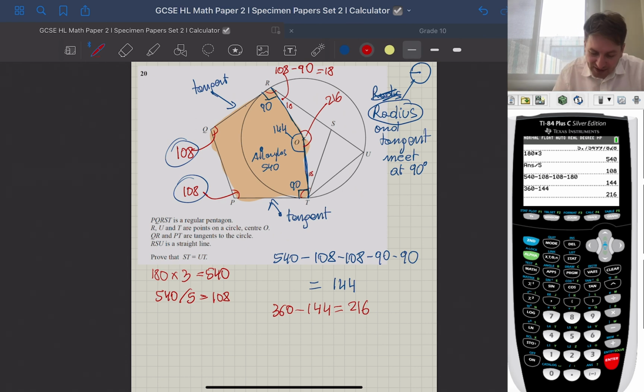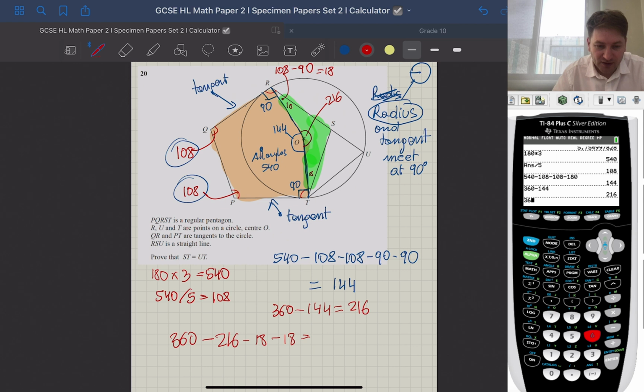Now this shape inside here is a four-sided shape, which means all the angles add up to 360. So let me take away the 216 that I just figured out, and then I am also going to take away the 18 and another 18.